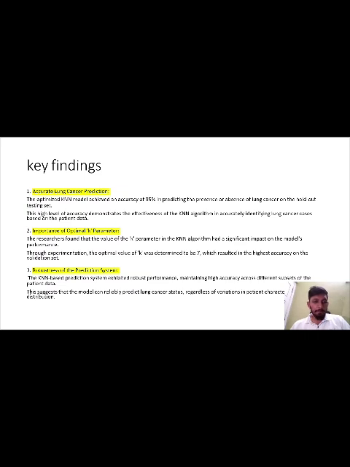Robustness of the prediction system. The KNN based prediction system exhibited robust performance, maintaining high accuracy across different subsets of the patient data. It suggests the model can reliably predict lung cancer regardless of the variance in patient characteristics.